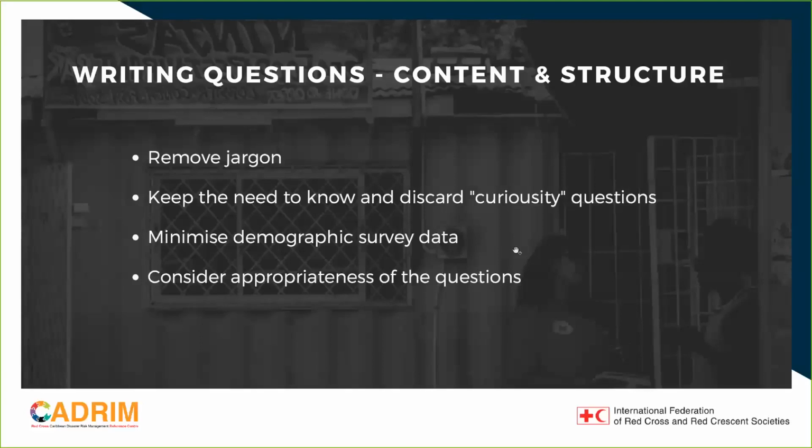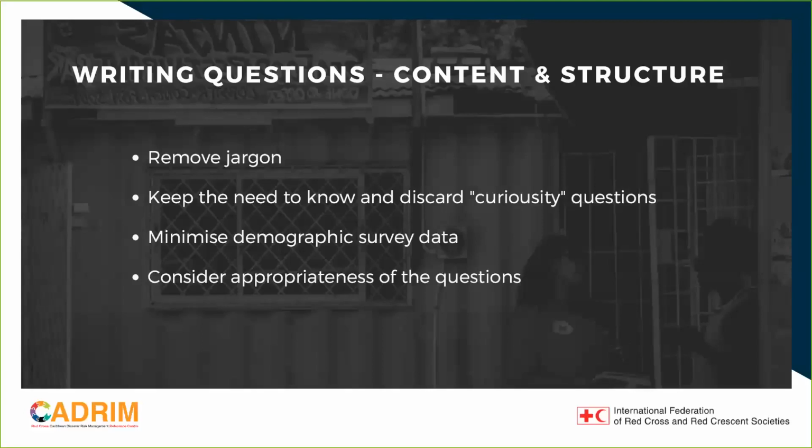We also think that it's important to minimize the demographic survey data. Although it may be tempting to try to get demographic data on maybe 15 topics, so their age, their sex, their ethnicity, the way in which they identify sexually or otherwise, we have to ask ourselves, what are the key variables that are critical for the survey, and focus on those.